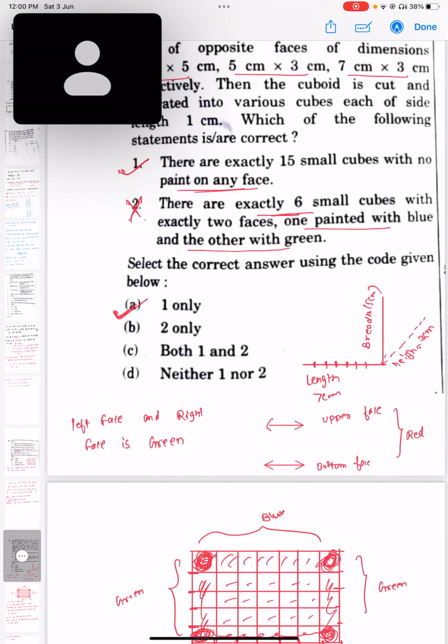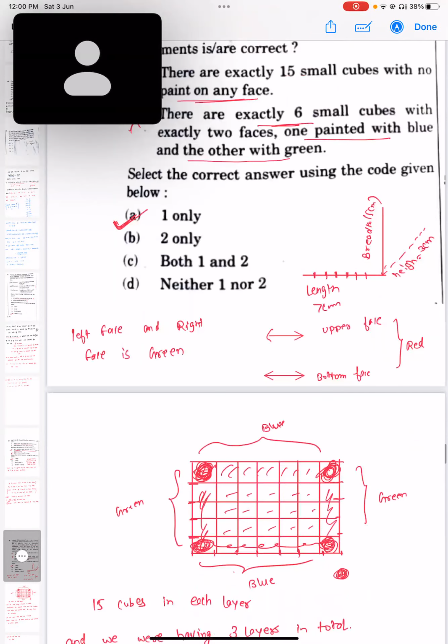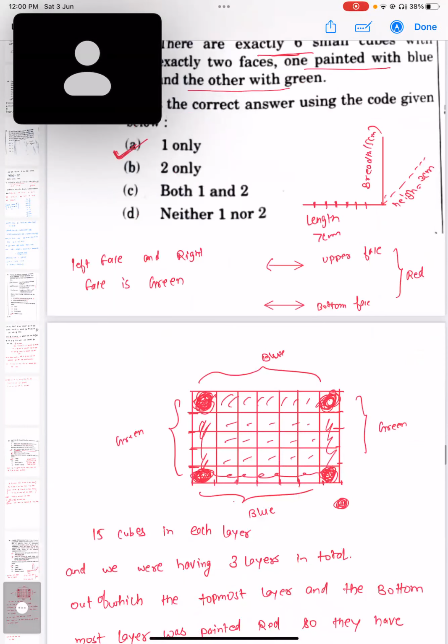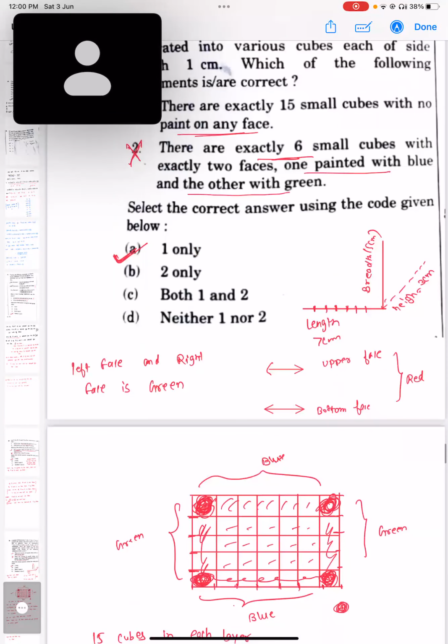Hence, only 4 cubes. So option B is incorrect, and option A is correct. Fine. Let us proceed to the next question.